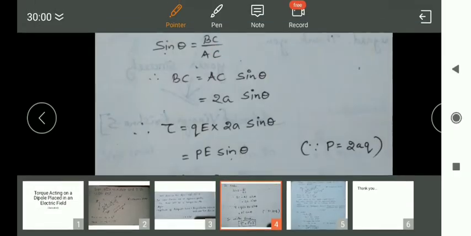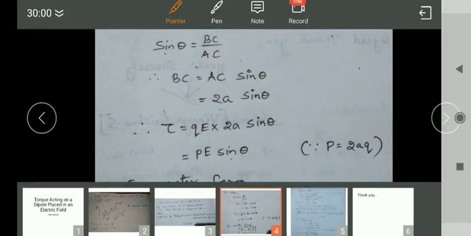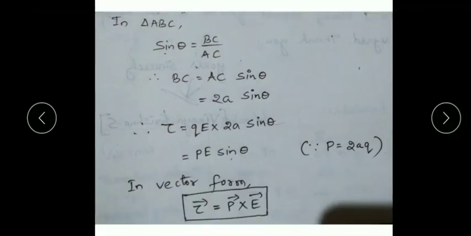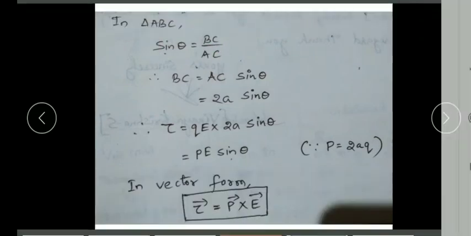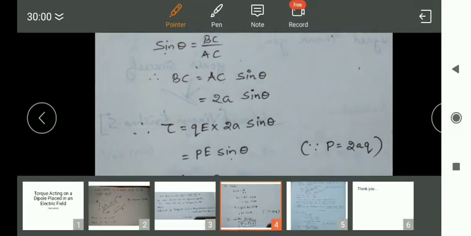Here, sine theta equals BC by AC. So what is BC? Just bring this AC to the side. So it will be BC equals AC sine theta.